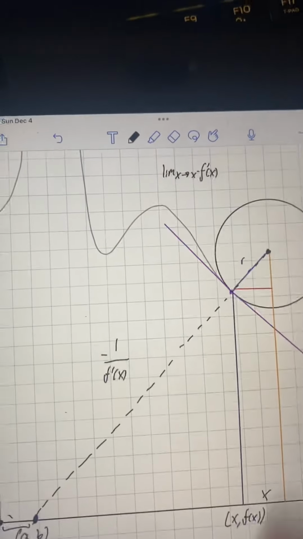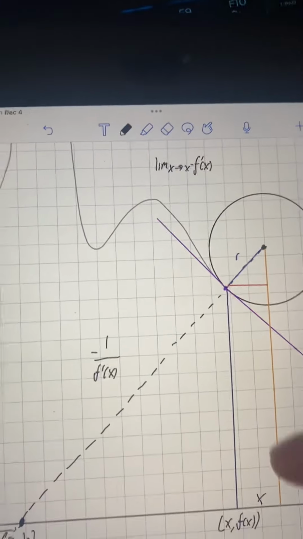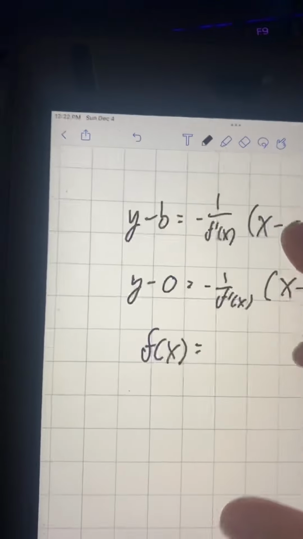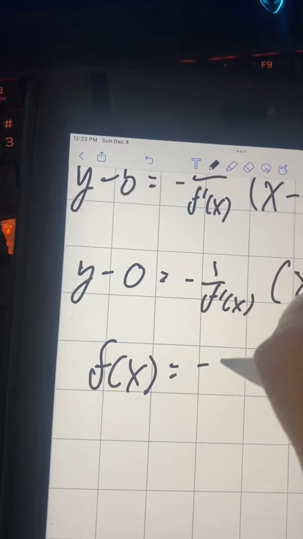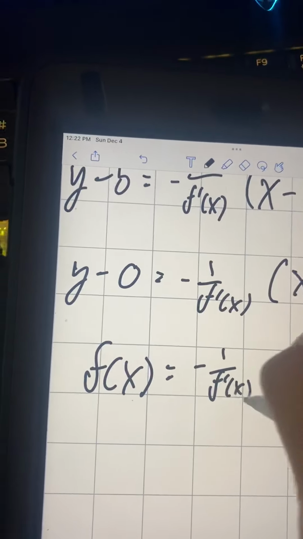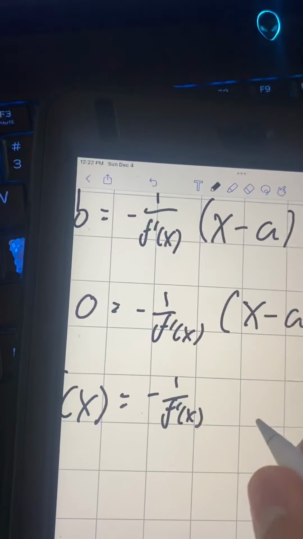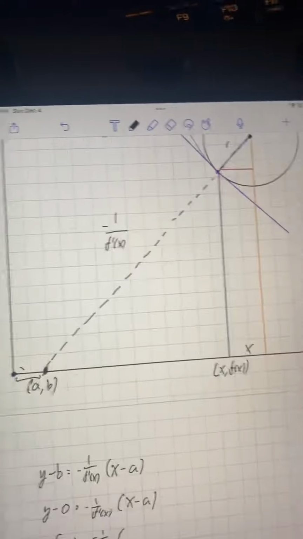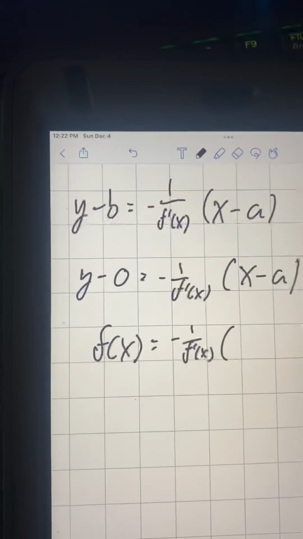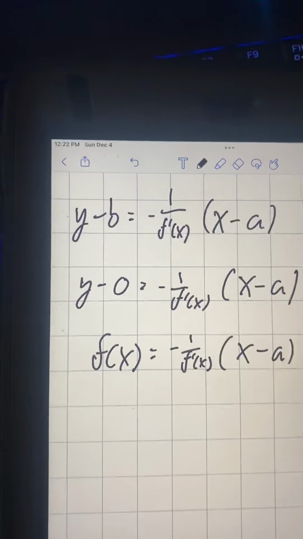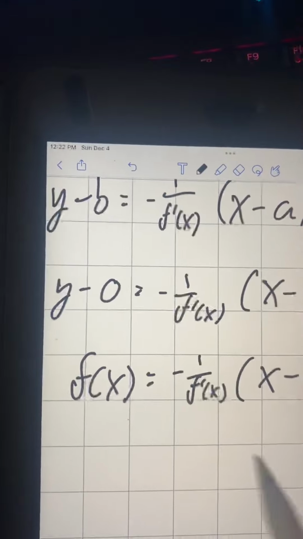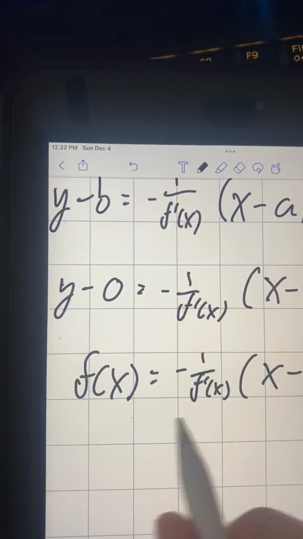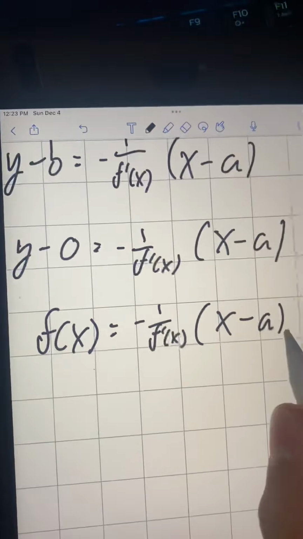And you can find that using your previous equation and just plugging it in, right? So you have f of x is equal to -1 over f prime of x. And then your x will also be x here, right? So that's fine. That'll also connect. And then you'll have x minus a. So we know x, we know your slope, we know this f of x, we just need to find where a is.